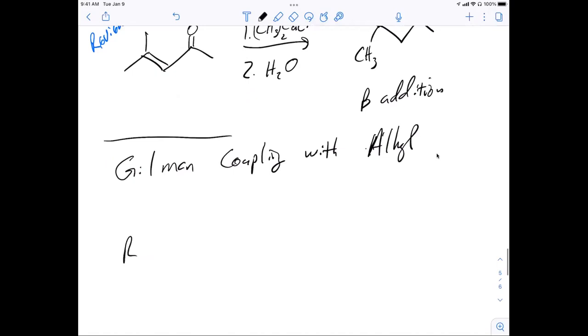What's happening in this case is instead of using the acid chloride, we use a Gilman and then a halide, usually either iodine or bromide, to do a coupling between 2 R groups.